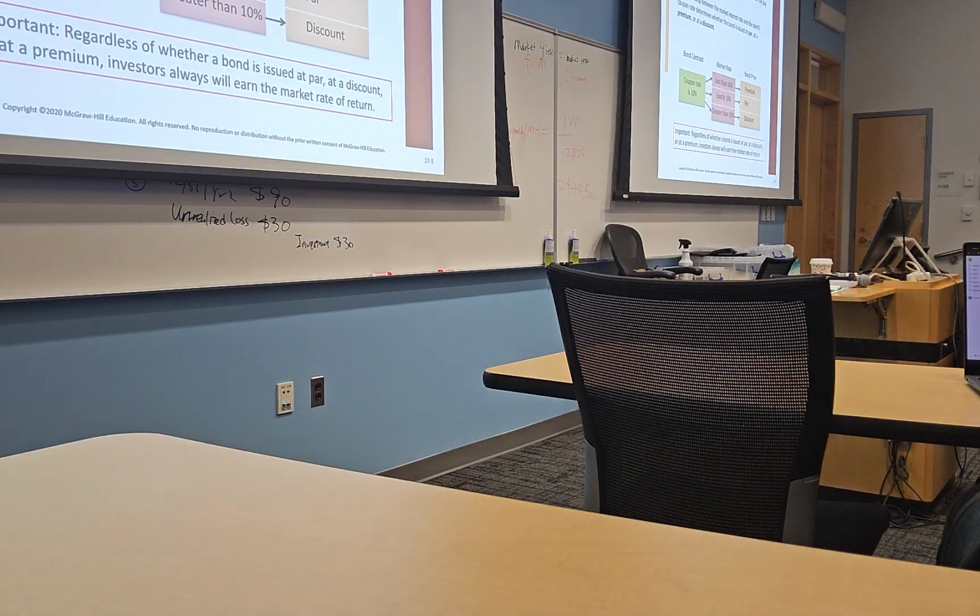Is this clear? Yeah. So the requirement for you guys for chapter 10 is that you understand this directional relationship. That's all. You don't need to calculate anything. But if I ask you, okay, I'm issuing a bond, the market interest rate is the same as the coupon rate, will this bond be issued at par, at a premium, or at a discount? Yeah, at par, right?